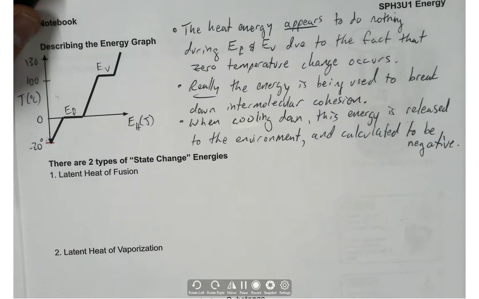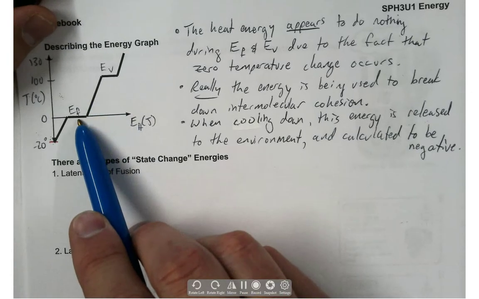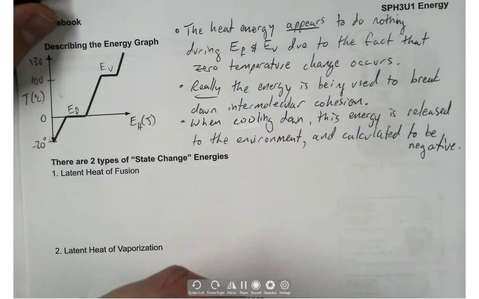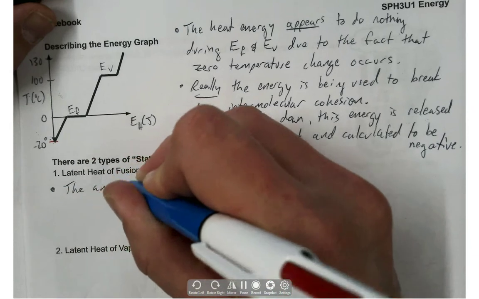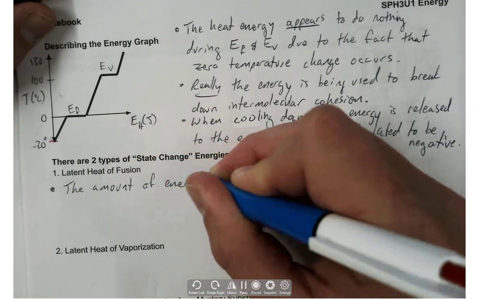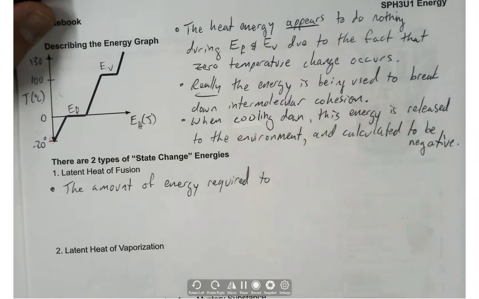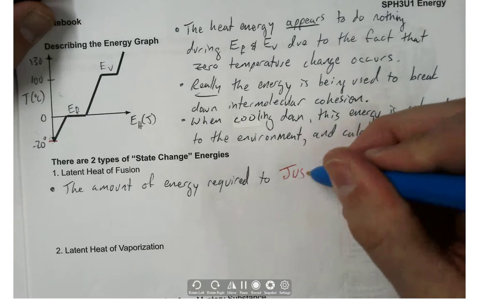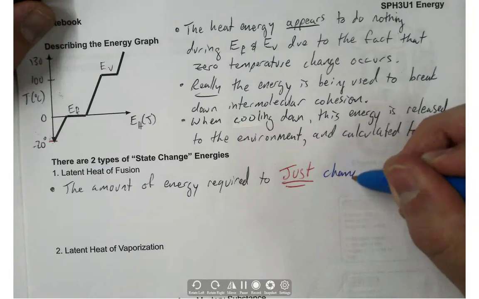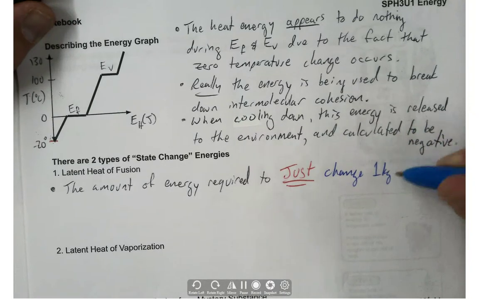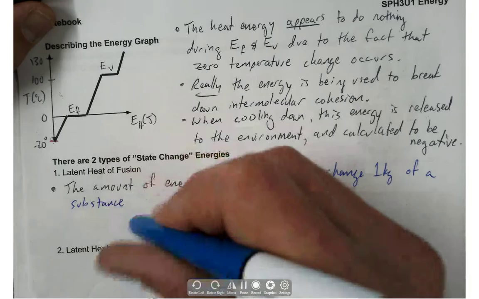Now, if I want to zero in on latent heat of fusion, I've just called it fusion so far. We got a name for this, the latent heat of fusion. This is the amount of energy required to, and I'm going to use this word, to just, underline, to just change 1 kilogram of a substance from a solid to a liquid.